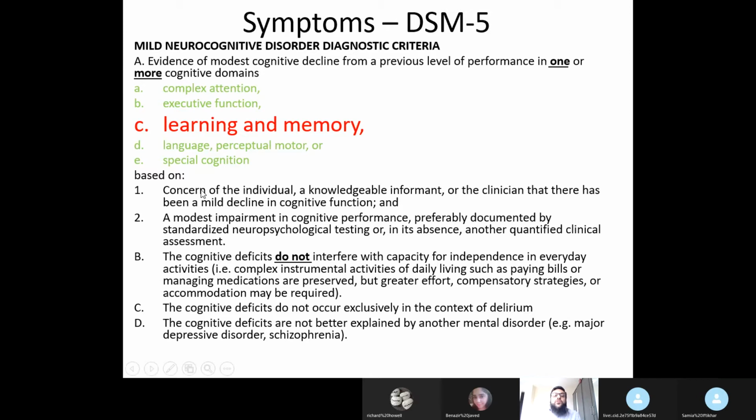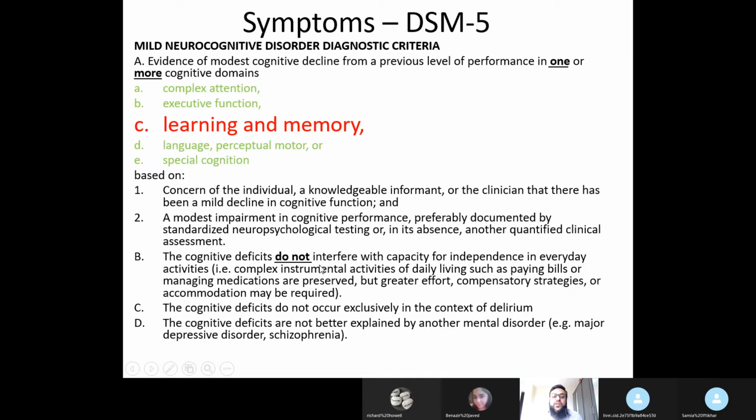Okay. So now, based on the concern of the individual and a knowledgeable informant and the clinician, there has been a mild decline in cognitive function and a modest impairment in cognitive performance, preferably documented by standard neuropsychological testing, or in absence of that, another quantified clinical assessment.